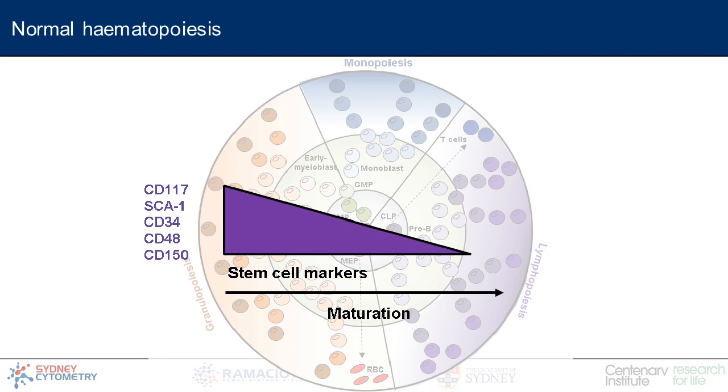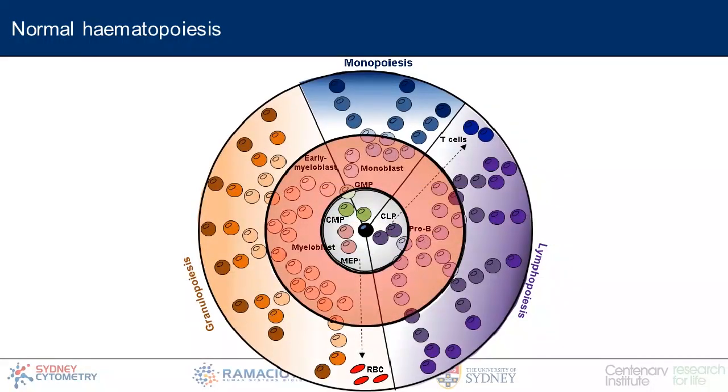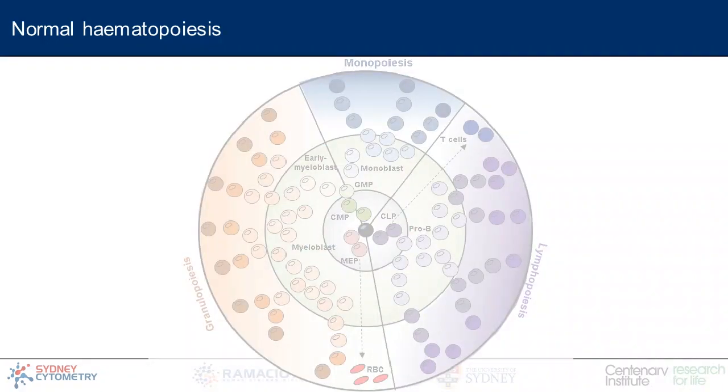As these cells mature, they lose many of these stem cell markers and gain a variety of maturation markers. And these are all very familiar markers that we might be looking for on the cell surface. But these intermediate cells, these highly proliferative cells, exist right in the middle. These cells are much more difficult to analyze because we don't have a full idea of exactly what phenotypes of cells exist here.